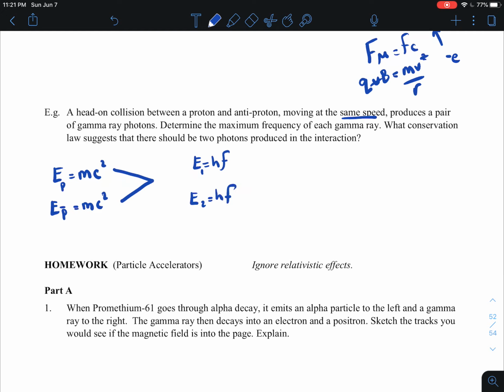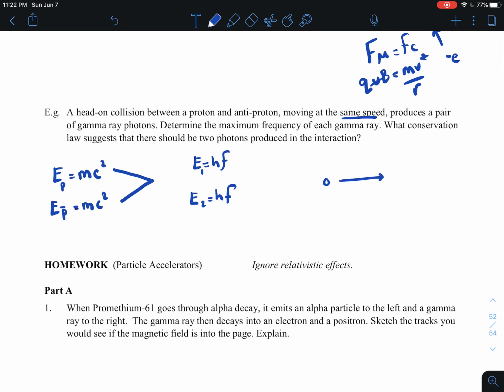Because two particles, proton and antiproton, make two photons after, the reason for this is the law of conservation of momentum. You can't have two particles going in with total zero momentum, and then have a photon with momentum moving off in one direction. There must be an equal amount of particles.